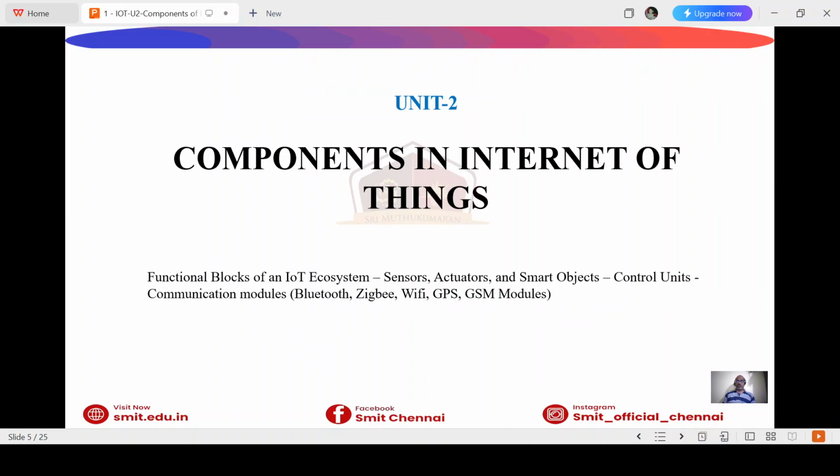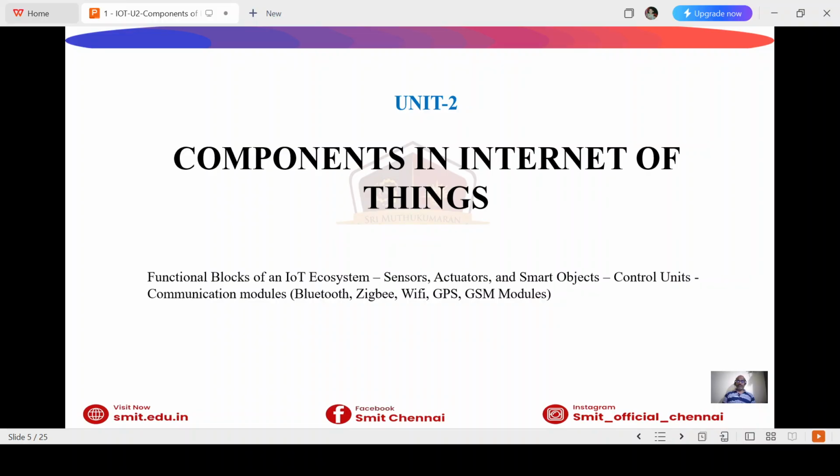So this Unit 2 comprises the following syllabus: functional blocks of an IoT ecosystem, sensors, actuators, smart objects, control units, and then communication modules, which comprise the following: Bluetooth, Zigbee, Wi-Fi module, GPS, GSM modules.